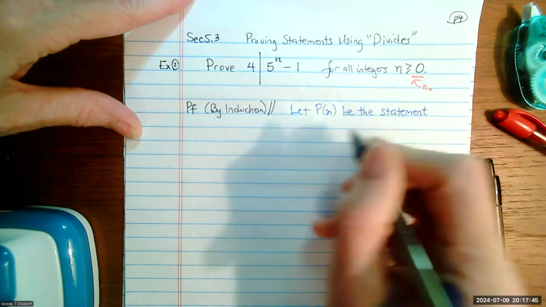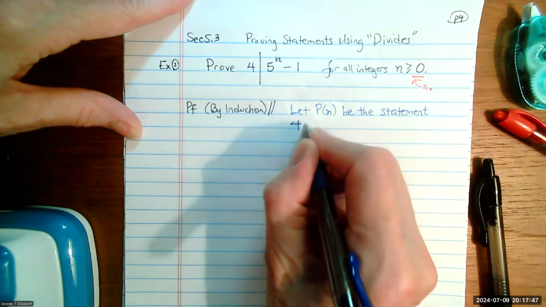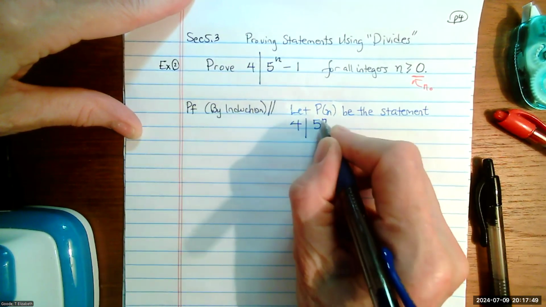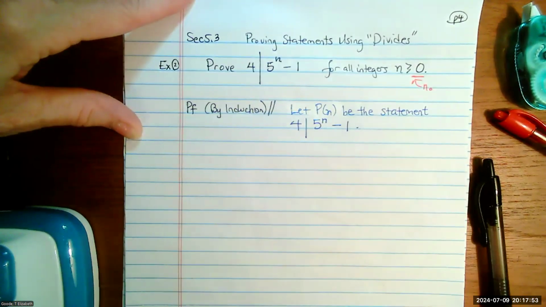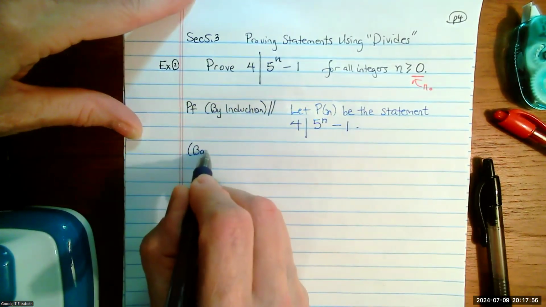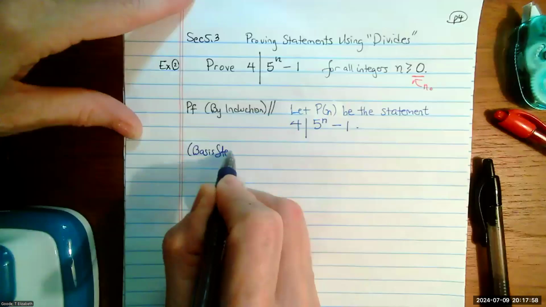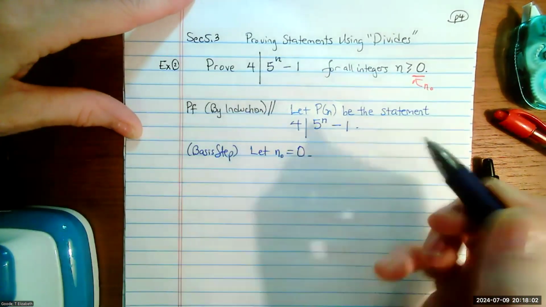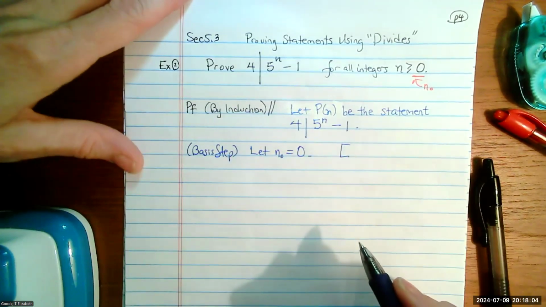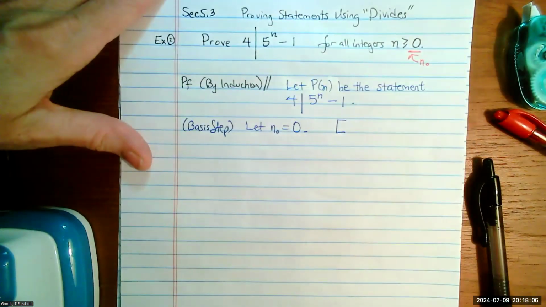It's really a predicate statement: 4 divides 5 to the n, whole thing, minus 1. That's the way we start it. Now we're ready for the basis step. Let n naught equal 0. Now what do we wish to show? It's always the same. Same game over and over again.